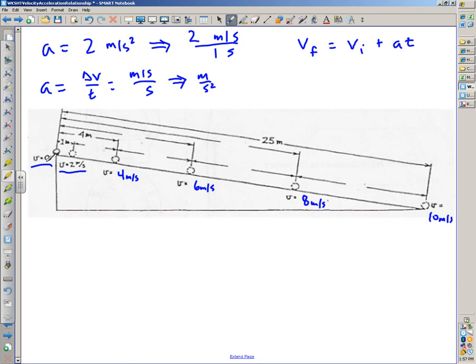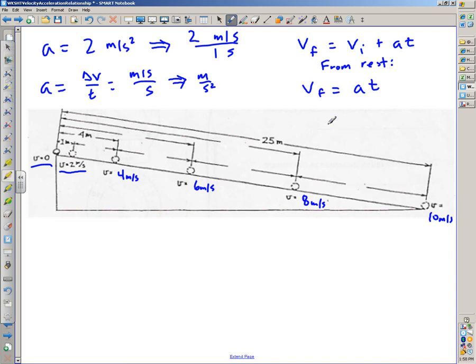What was our initial velocity? 0. So in our case, we're actually starting this object from rest, and we can simplify that equation to look like this. Does that make sense? Because what's VI going to be? 0. So we just get rid of it in the equation.